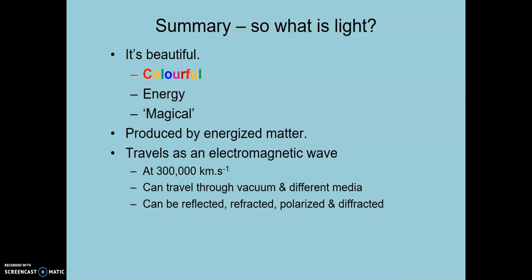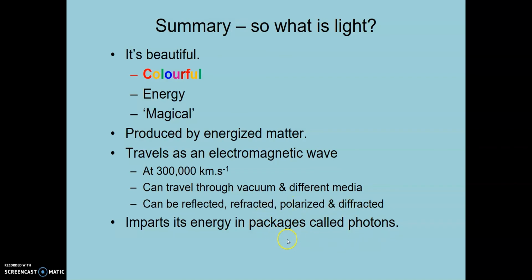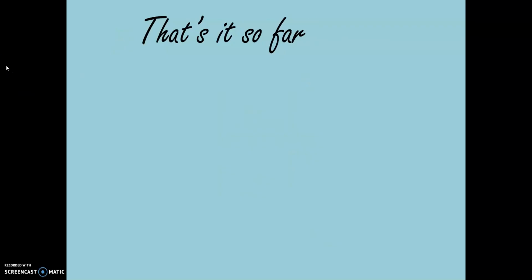It can travel through a vacuum and different media. It can be reflected, refracted, polarized, and diffracted. It imparts energy as small packages called photons. And it's these packages of energy that are particle-like. And that's it so far.